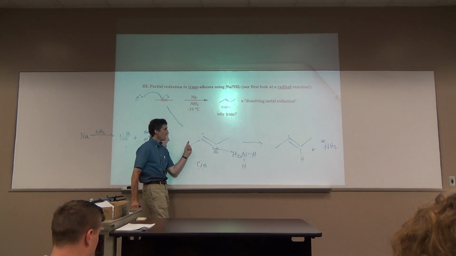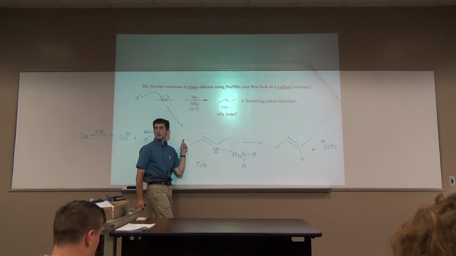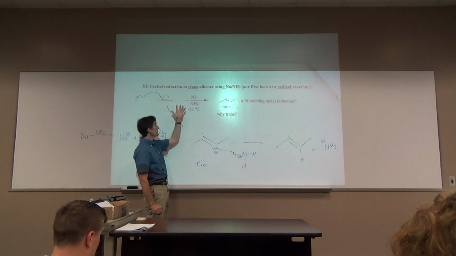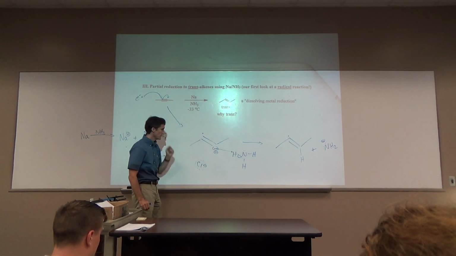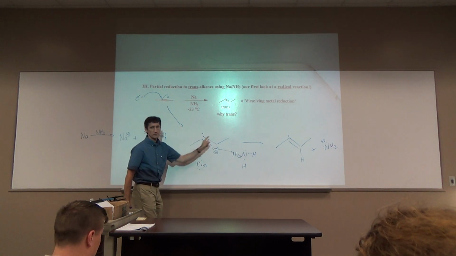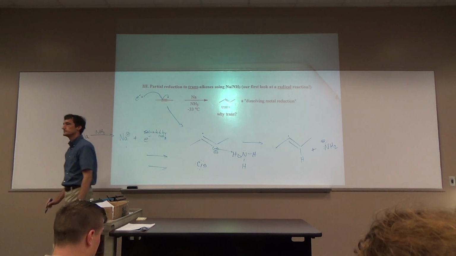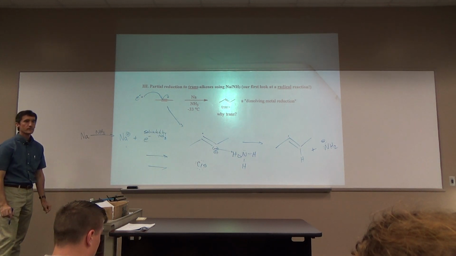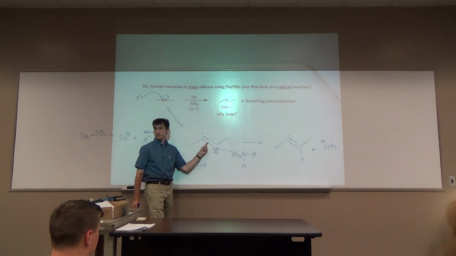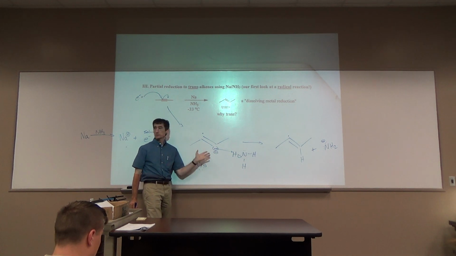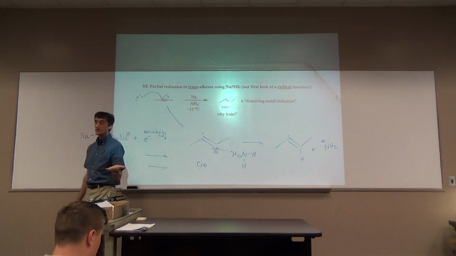Question. I showed this trans and nobody asked why. Because the important thing here is underlined. It's trans. Why did I show trans? Why didn't I show this cis? Well, here's the answer. Because here it had a choice. It had a choice, and the system chose trans because trans is more stable.